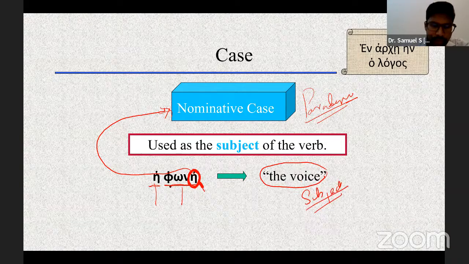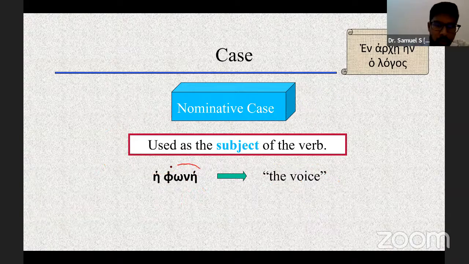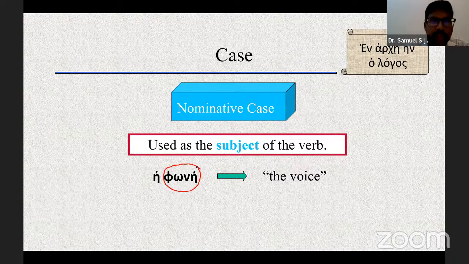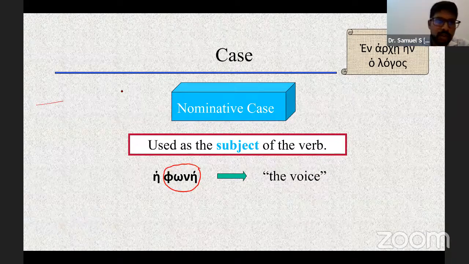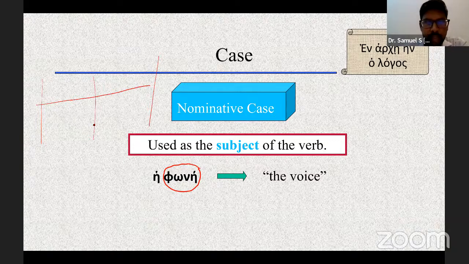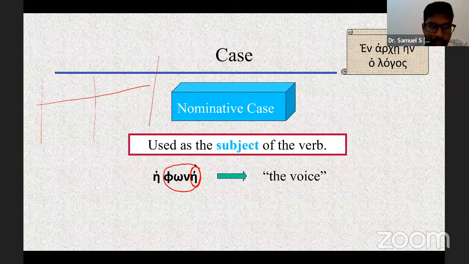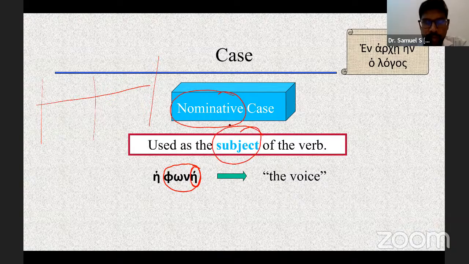So anytime you see this form, phone, it does not matter where it is in the sentence in Greek. It could be before the verb, after the verb, at the end of the sentence. The fact that it has this ending is enough for us to say it is in the nominative case, meaning that it is always the subject of the sentence.